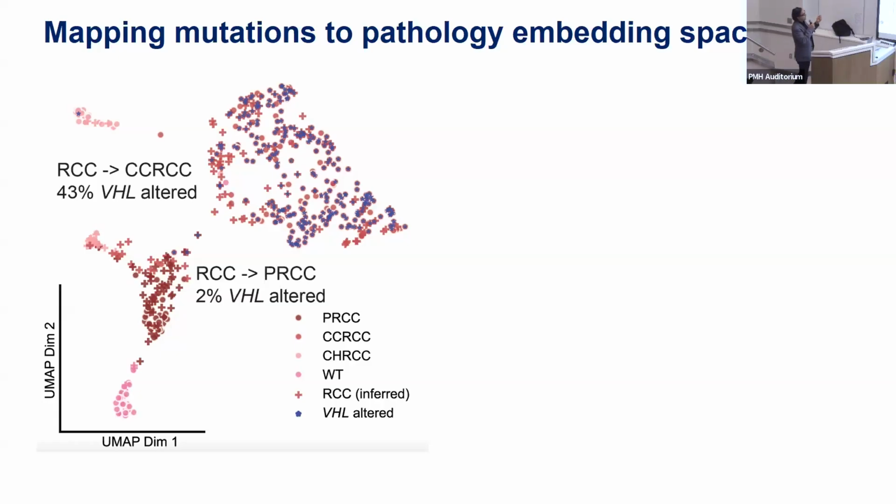When we overlay these mutations onto spaces occupied by what the model classifies as much more granular histological subtypes, we can see that all these blue points, these VHL altered, overlay on this group of tumors classified as clear cell renal cell carcinoma, and the other subtypes don't have those mutations.